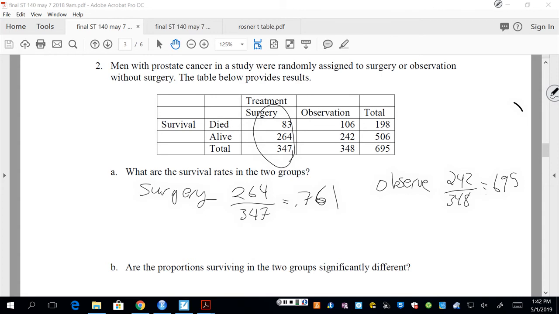Are these significantly different or not? You could either do a hypothesis test or a confidence interval. You can write them both down on your formula sheet if you want, but you could look at the confidence interval for the difference of two proportions, and then see if it includes 0. If it doesn't include 0, then they're significantly different. If the confidence interval goes from negative to positive, then 0 is in there, and maybe they're the same.